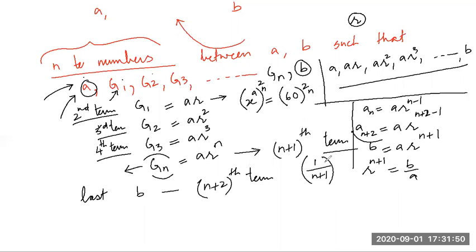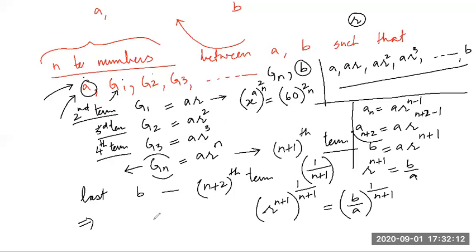So I get r raised to power n plus 1, whole raised to power 1 by n plus 1, because I am interested in finding the value of r, is also equal to the right side raised to the power 1 by n plus 1. So from this, the 1 by n plus 1 cancels with n plus 1.